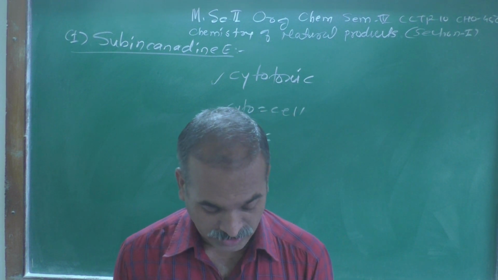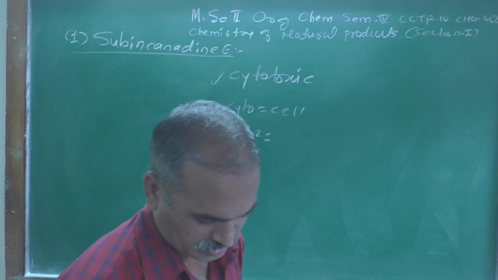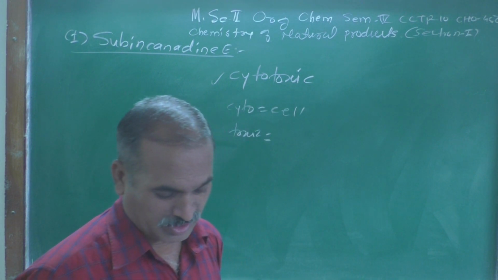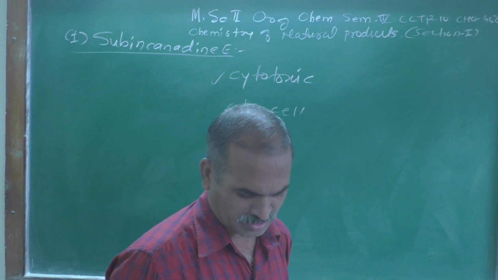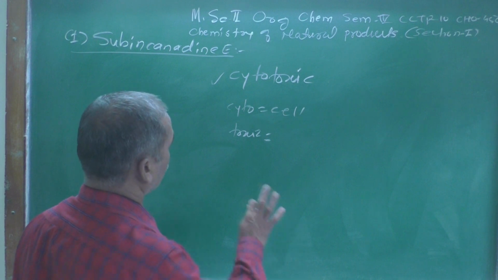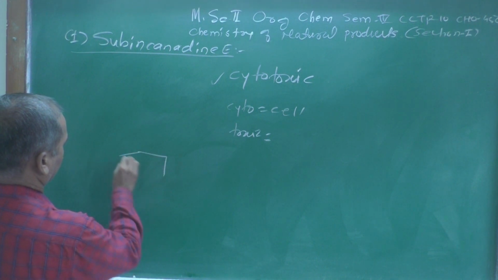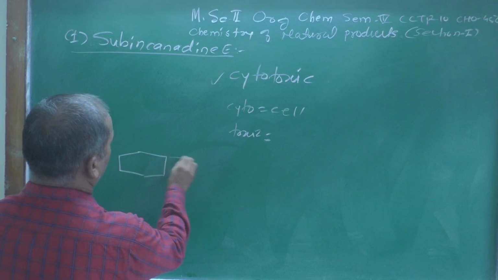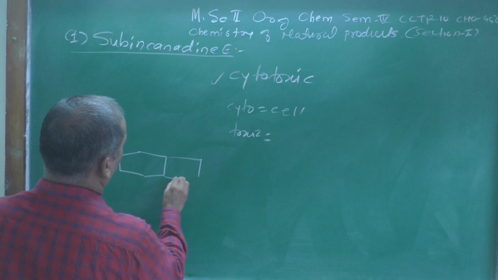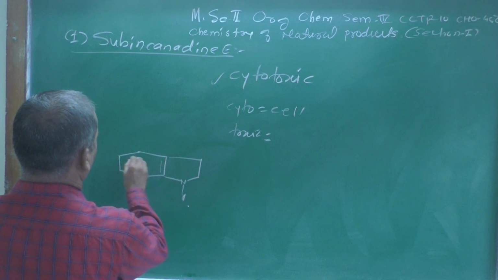So let me give you the structure of plus minus Subincanadine E. The structure is this one. If you observe the structure of plus minus Subincanadine, you will find here, this is a structure which I am drawing here.